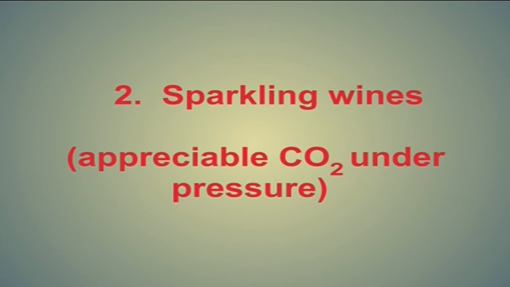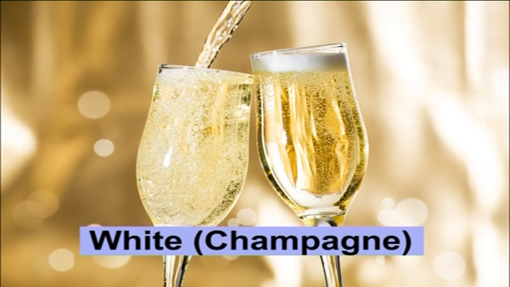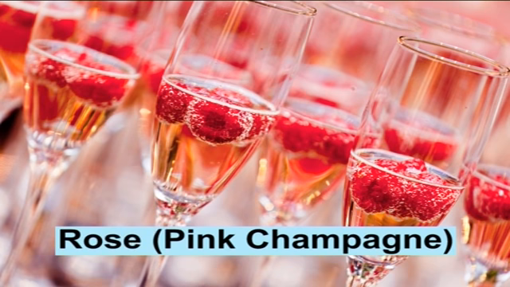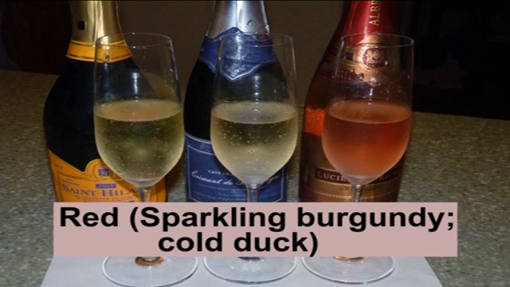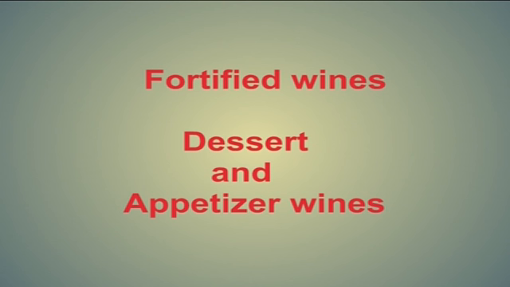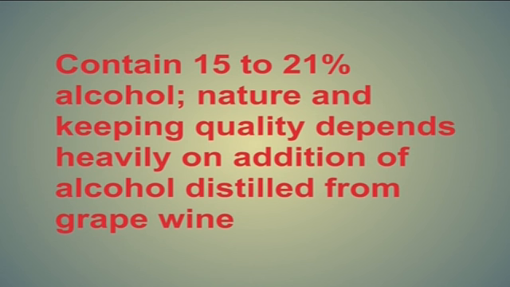Sparkling wines, appreciable carbon dioxide under pressure. A. White champagne, rose pink champagne, red sparkling burgundy, cold duck. Fortified wines, that is dessert and appetizer wines, contain 15 to 21% alcohol.